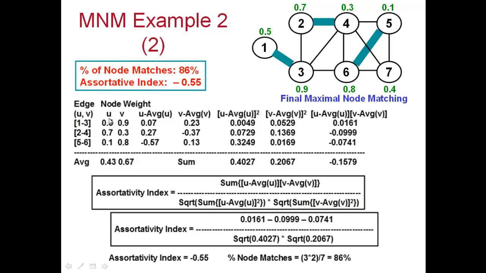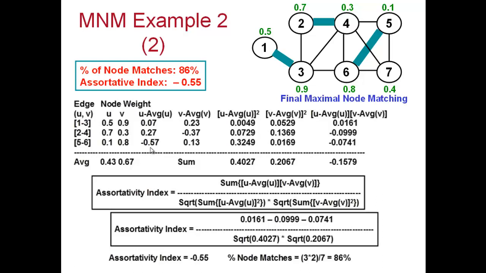Now take the difference, u minus average of u. So 0.5 minus 0.43 is 0.07. 0.7 minus 0.43 is 0.27. 0.1 minus 0.43 is negative 0.57.